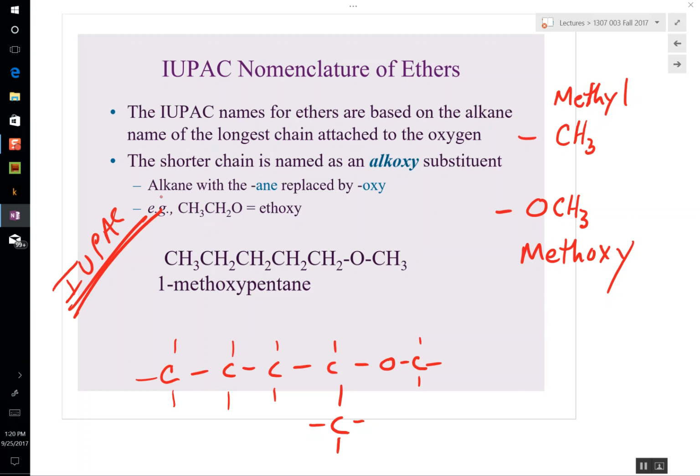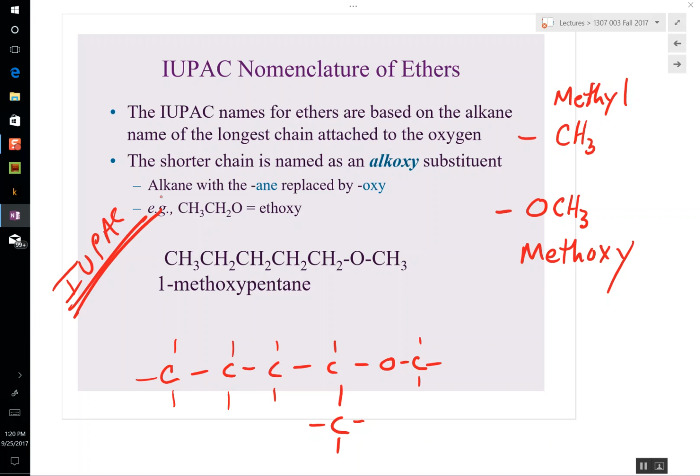And look, if you looked at it right here, here's carbon number 1, 2, 3, 4, 5. So this would be 2-methoxypentane.